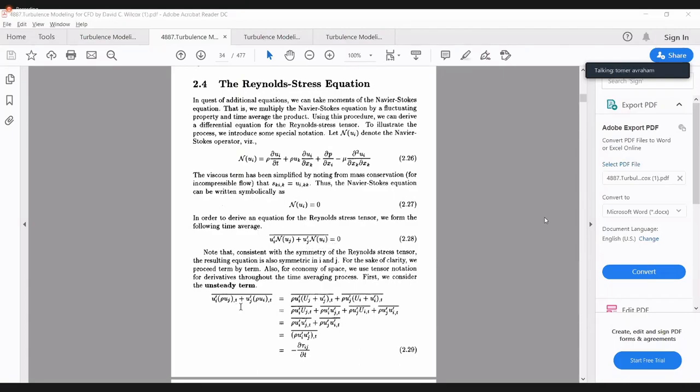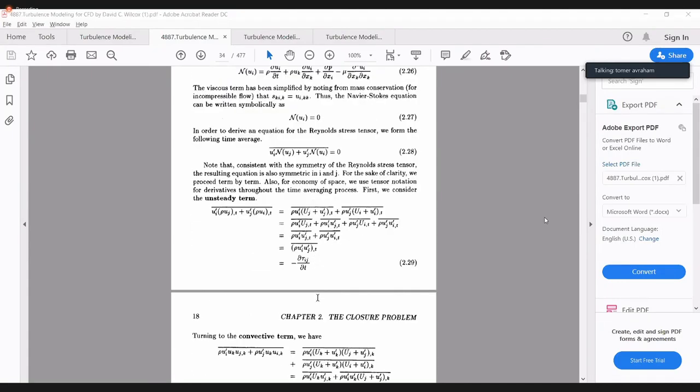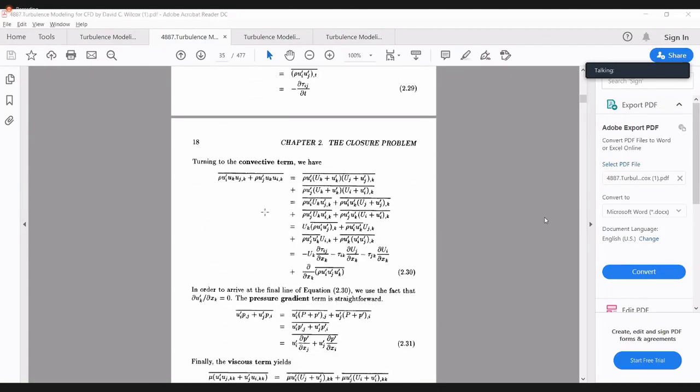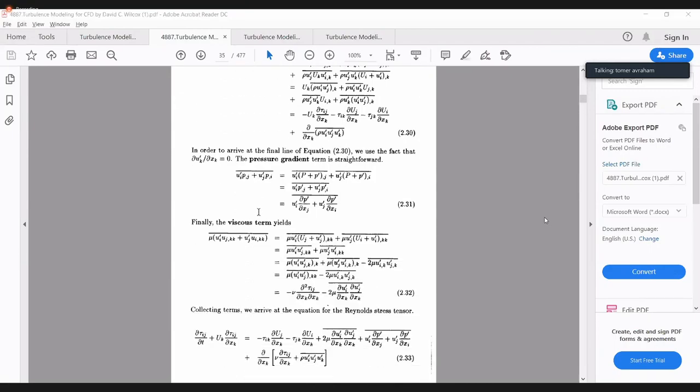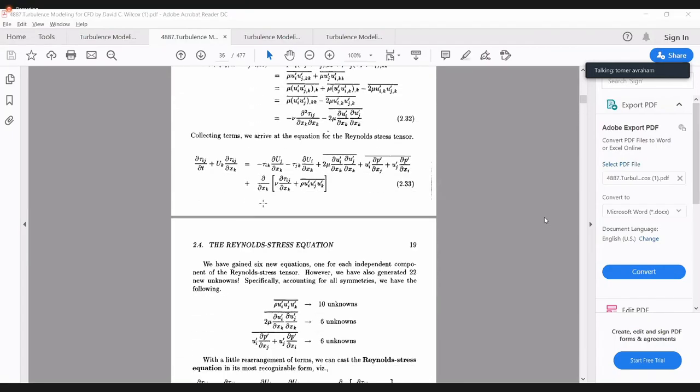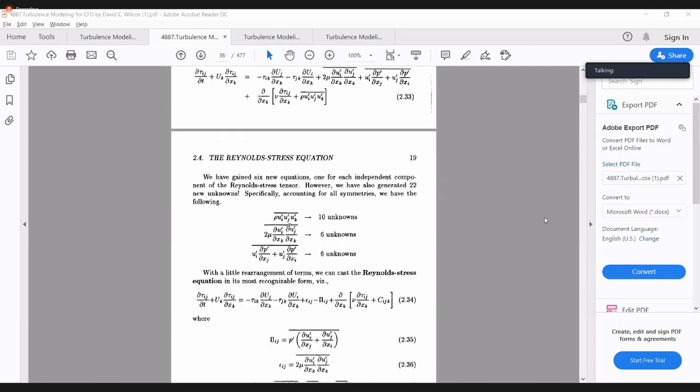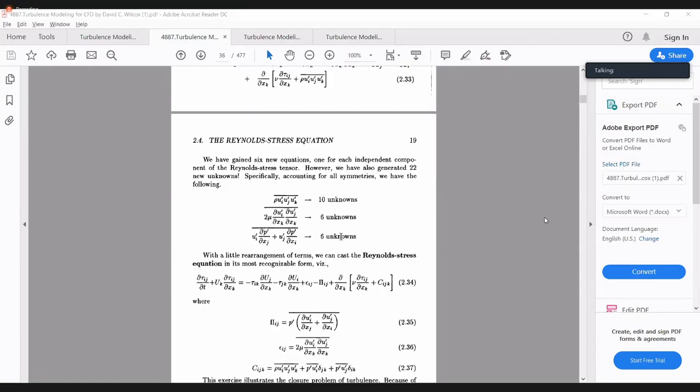And we get each term, the unsteady term, the convective term, all the parts of the transport equations. We get a lot more unknowns. It's still closed, but the more we take higher and higher moments, the more unknowns we get, and we seem to never get rid of the closure problem.